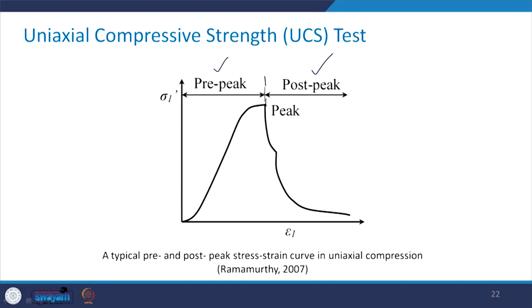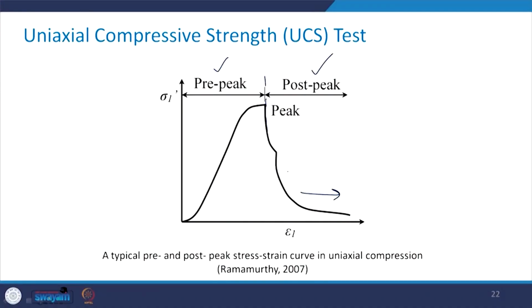Once it reaches the peak value, beyond that you see the stress levels are reducing, but you have an increase in the strains under those stress conditions. We will discuss in more detail why such behavior is seen as part of the post peak stress strain curve in some of the subsequent classes.